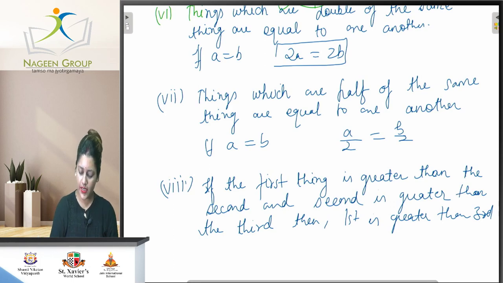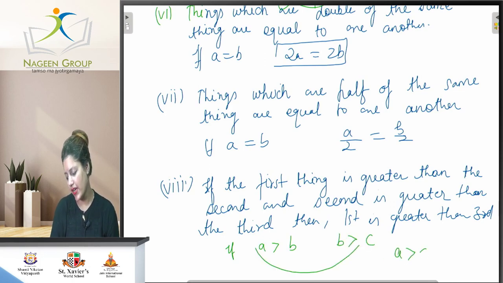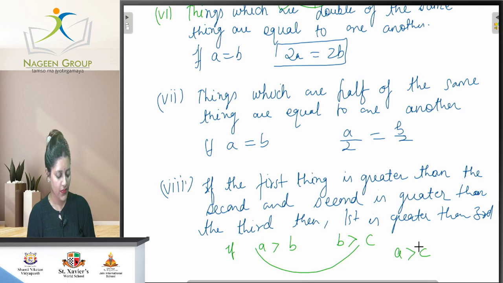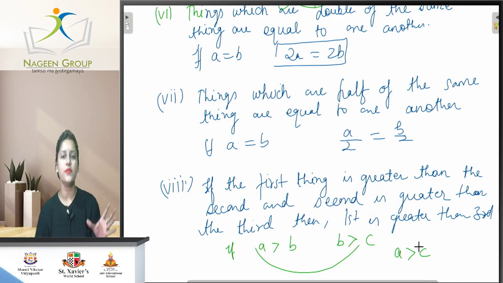So what is written? It is written that if A is greater than B, and B is greater than C, then A is also greater than C. Have you understood what I am telling? These are Euclid's axioms that are actually used in the questions.